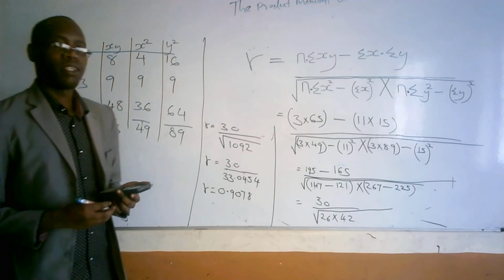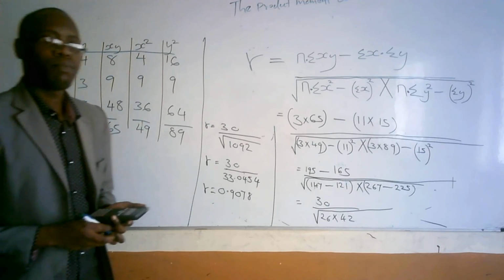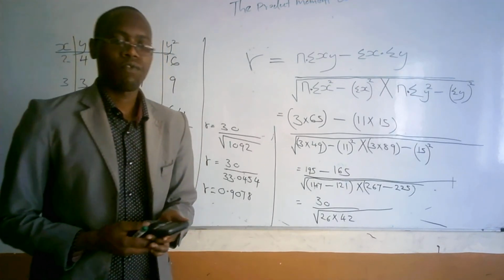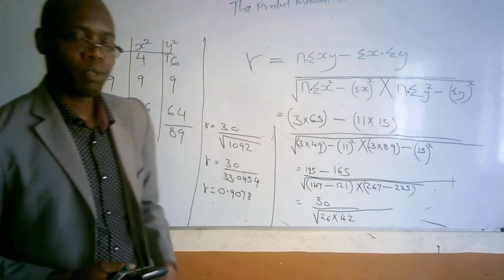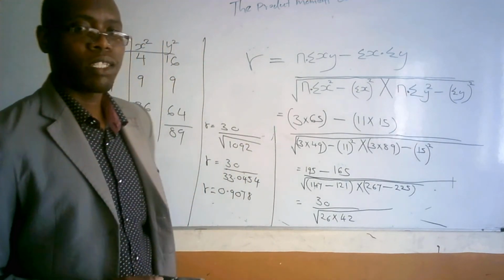And that is it. And that's how we get the Karl Pearson correlation coefficient, or the product moment correlation coefficient. So that's how you get it in that simple way.